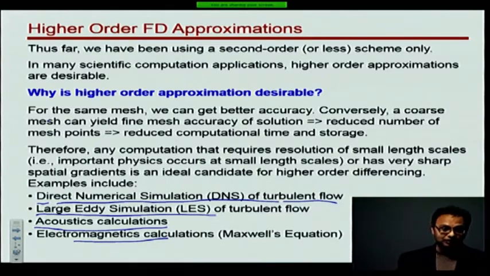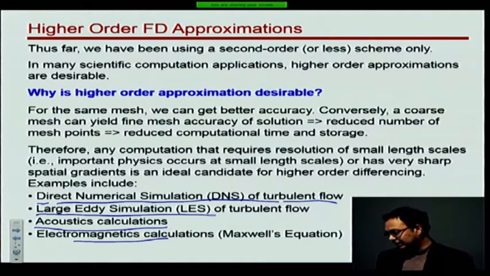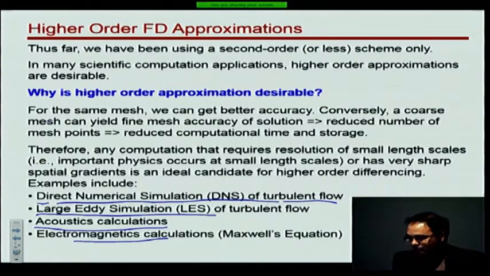Okay, in finite difference, finite volume, people have not been so proactive in developing these kinds of schemes, but there are lots of examples where higher order schemes are being used. Okay, any questions?